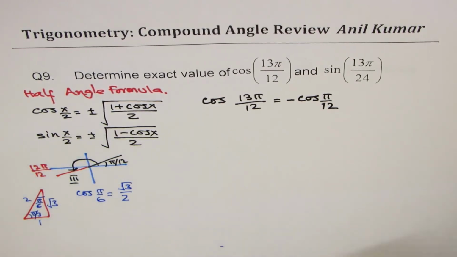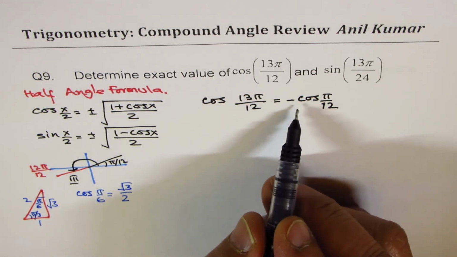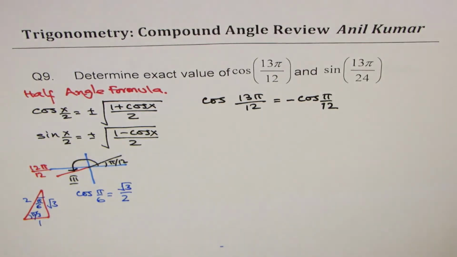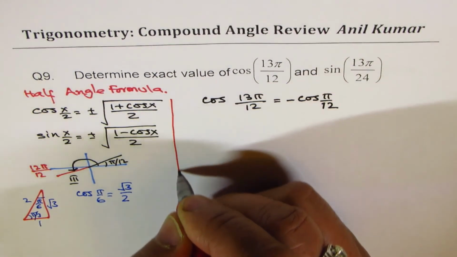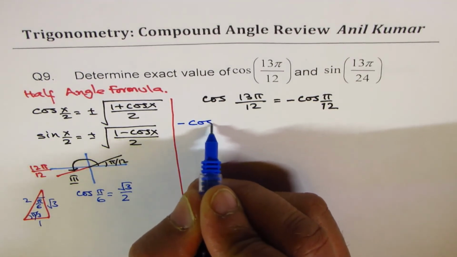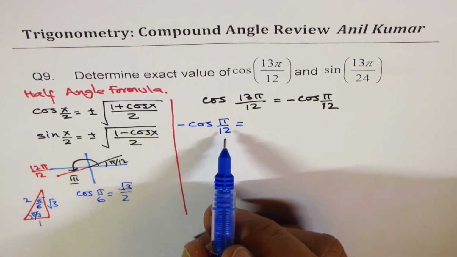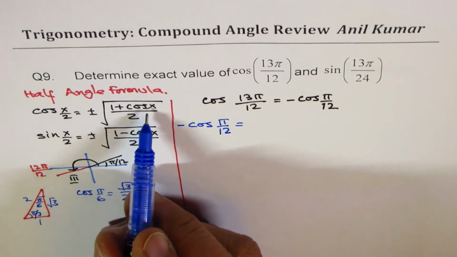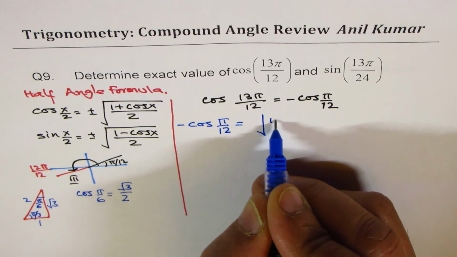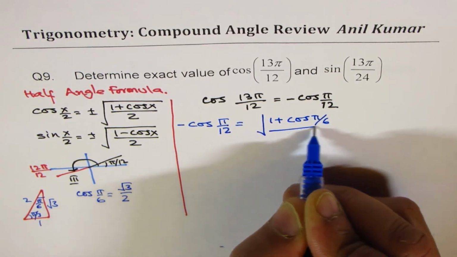Applying this formula, we have to now figure out what is minus cos pi by 12. Is it okay? So let me just draw a line here. So we'll now figure out what is minus cos pi by 12. So that is x by 2, x becomes pi by 6, correct? So it is equal to square root of 1 plus cos pi by 6 over 2.